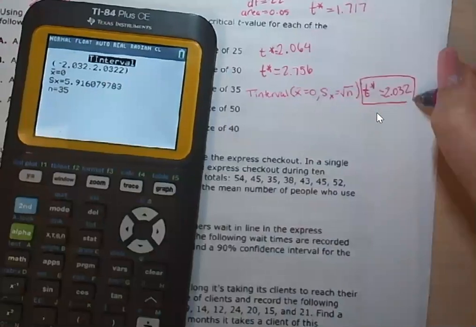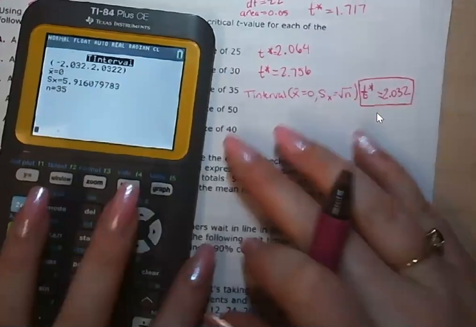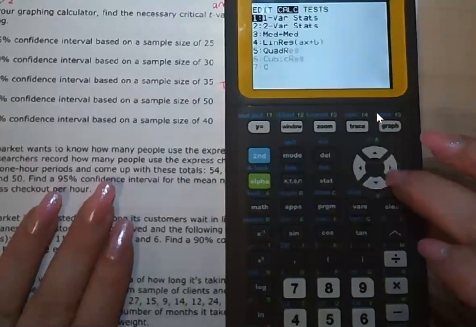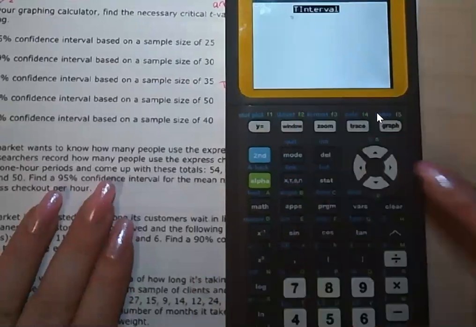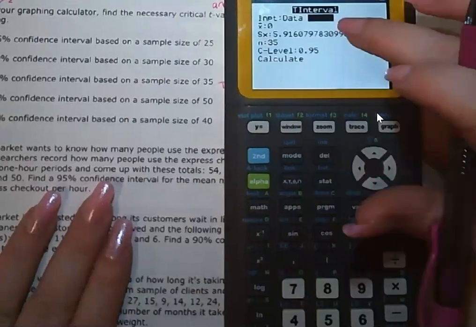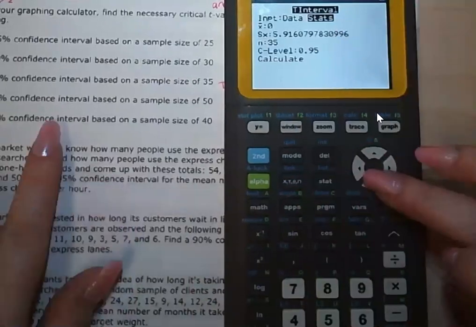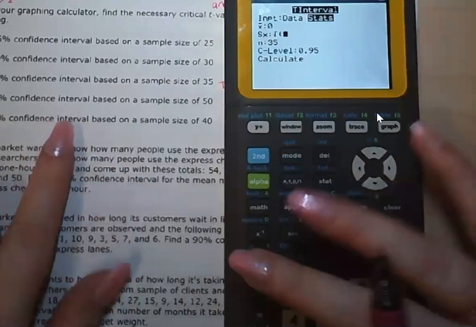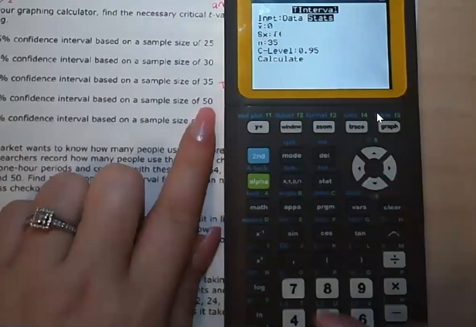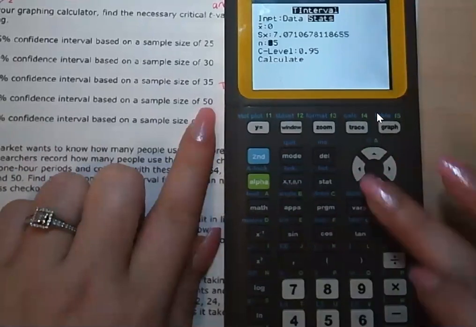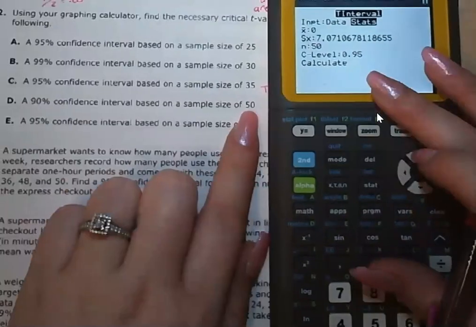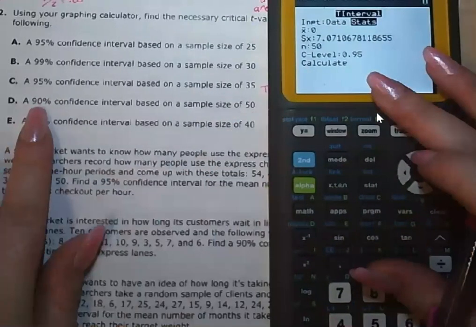Okay, let's do the same thing again for this next one. I'm going to go stat, over to tests, choose option 8, t interval, and we're using stats here. When I'm using this to calculate a t star, we always make the x bar 0. The s sub x is the square root of n. This time our n is 50, and the confidence level is 90%, so I'll change this to 0.9.